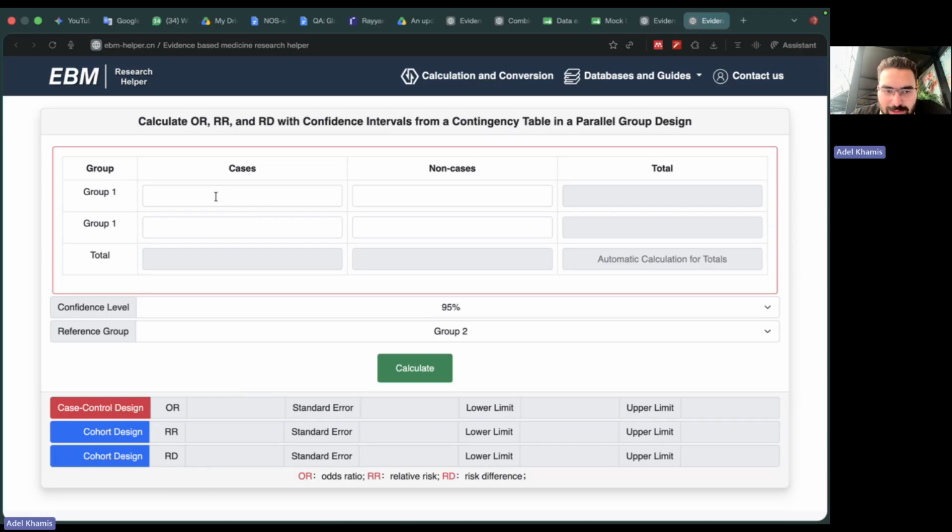Here you put, for example, the disease and the outcome here, and here the disease without the outcome.